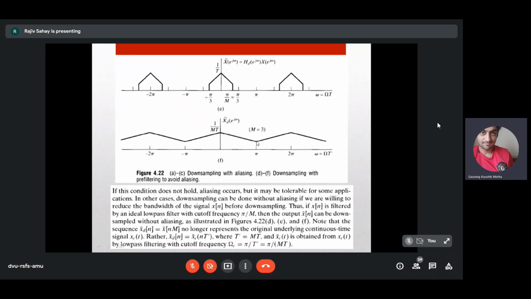It will not encroach this region. It will go up to this. So frequency content will increase up to pi and tip to 0. So this is the idea of downsampling with pre-filtering to avoid aliasing.